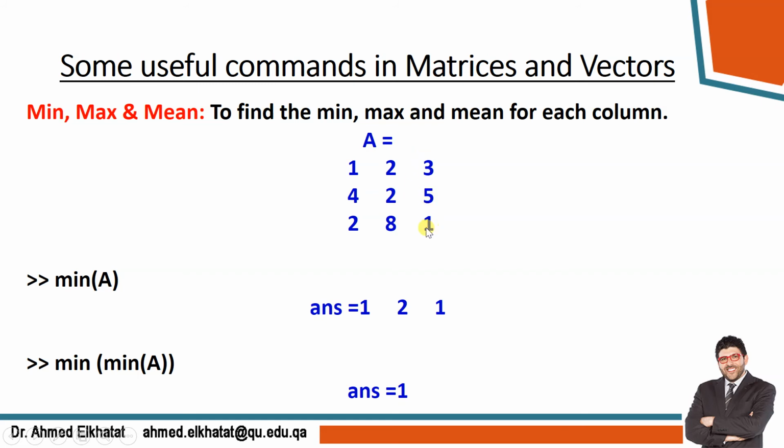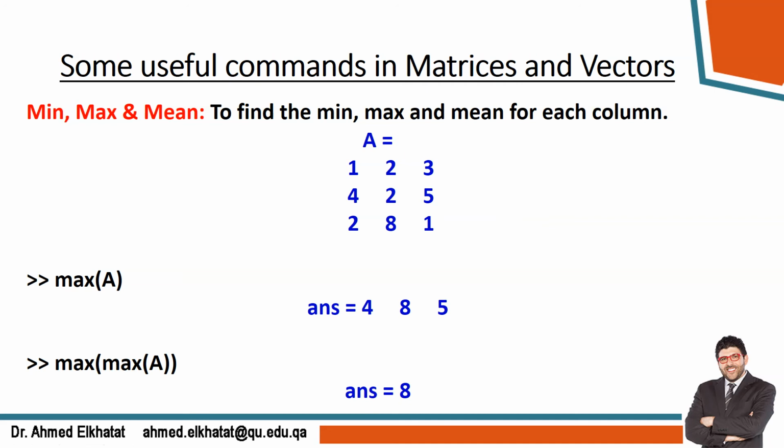If I have an array, it will find one value, but if you have a matrix, it will find it only vertically. Now if I want to find the minimum of the whole matrix, I write min(min(A)). Here it does two steps. First, it finds the minimum of each column of matrix A, giving 1, 2, 1, and then it finds the minimum of this vector, so it will be 1. Got it? Perfect.